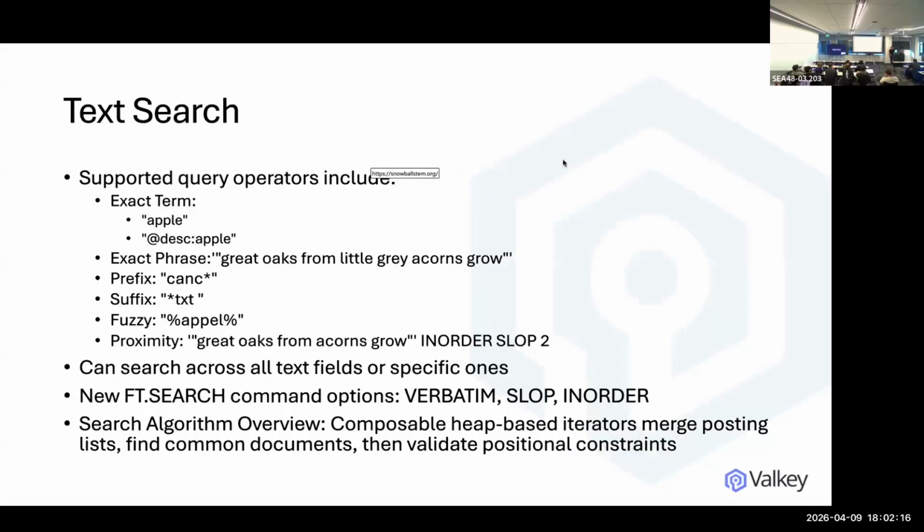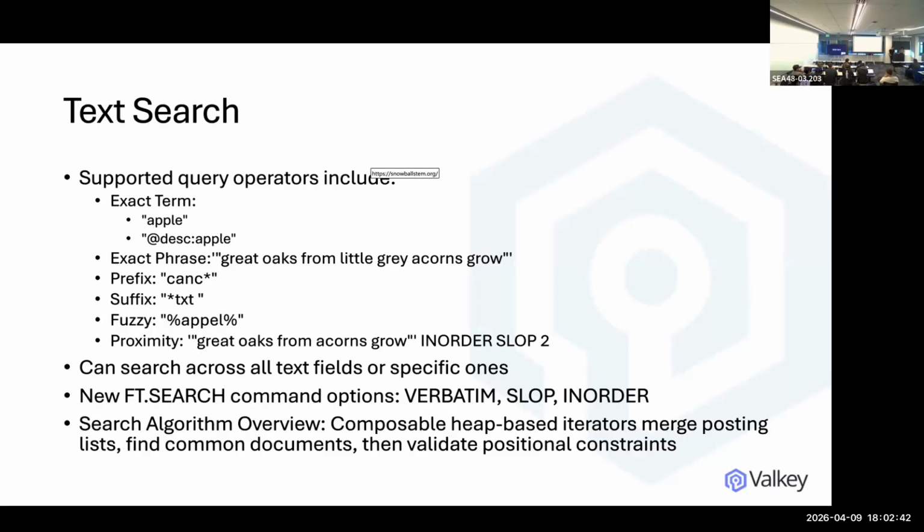Yeah, so this is now shifting more into the different types of searches that we support. I've listed out some of the query operators that we support. So there's exact term, exact phrase, prefix, suffix, fuzzy, and proximity. These are the different query syntax operators.